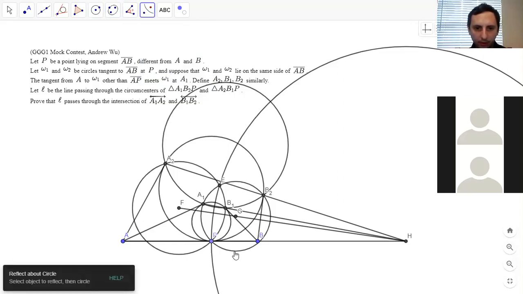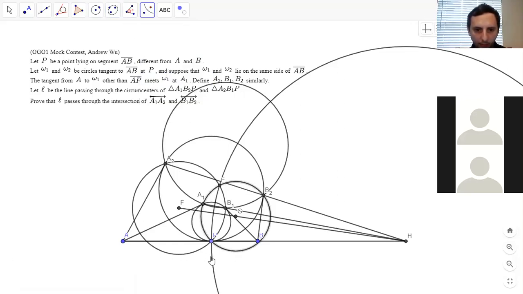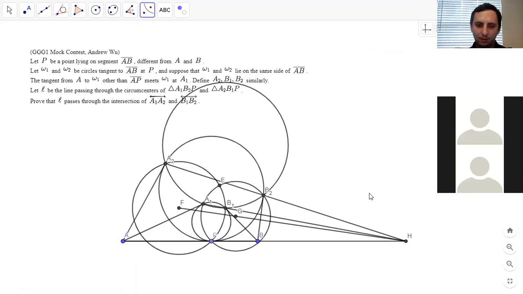If I reflect this circle about this, then I get the other circle. Is that obvious that it swaps them? Obviously it fixes P. I think an inversion at H will solve this problem.